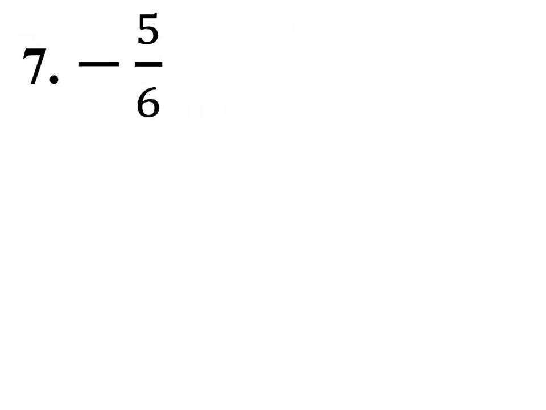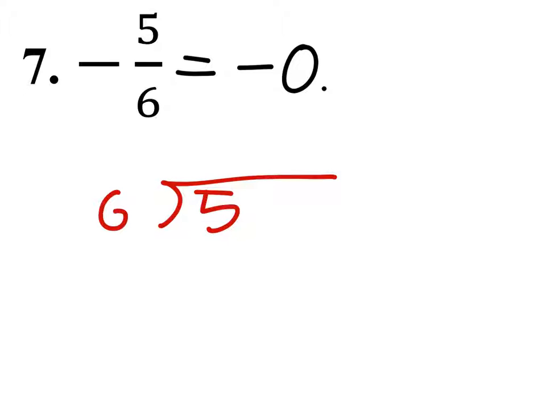So we will change this into a decimal, and it's negative, so I'm just going to put that out front. And it doesn't have a mixed number, so we got 0 point something. Then we're going to do 5 divided by 6. Well, 6 doesn't go into 5, that's where that 0 came from. So we're going to look at 50. 6 goes into 50 8 times. 8 times 6 is 48.